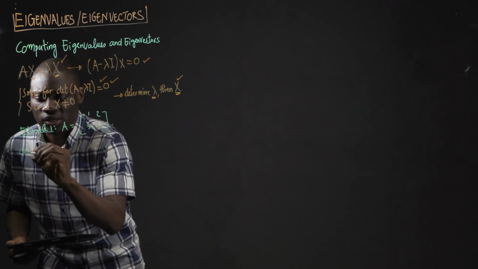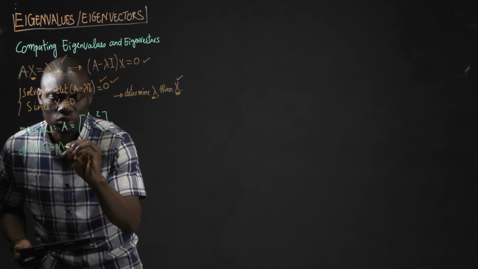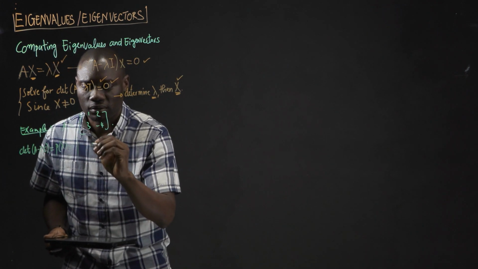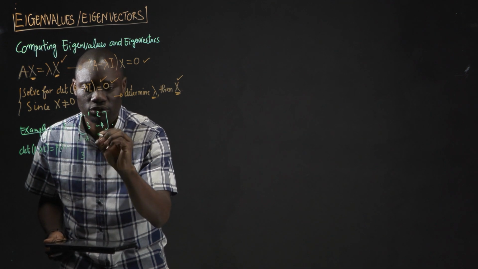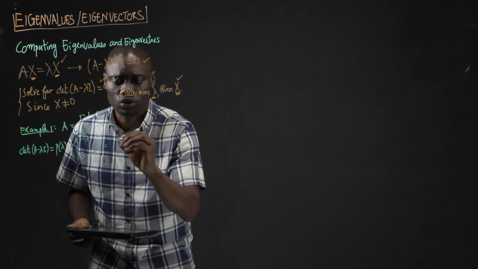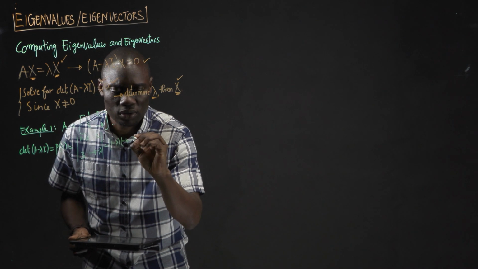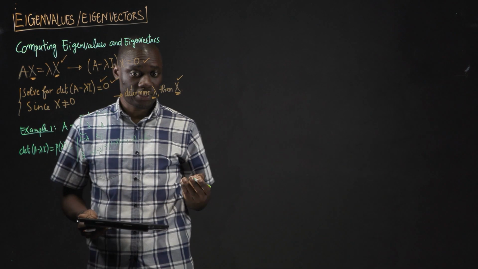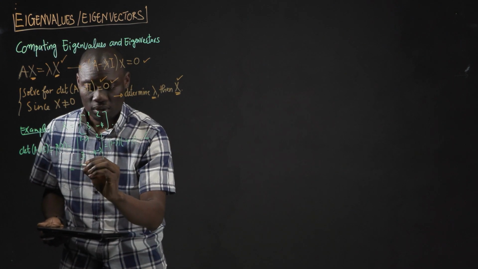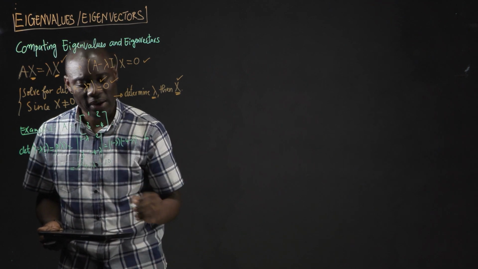So the determinant of A minus lambda I equals a polynomial in lambda, right? I have [1 minus lambda, 3; 2, minus 4 minus lambda], which equals (1 minus lambda) times (minus 4 minus lambda) minus 6, which equals lambda squared plus 3 lambda minus 10.